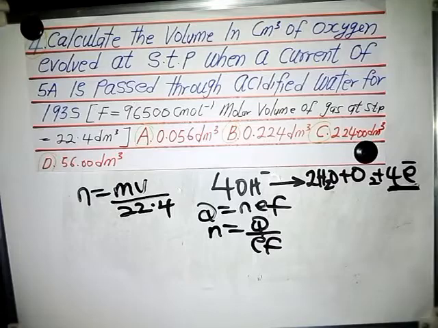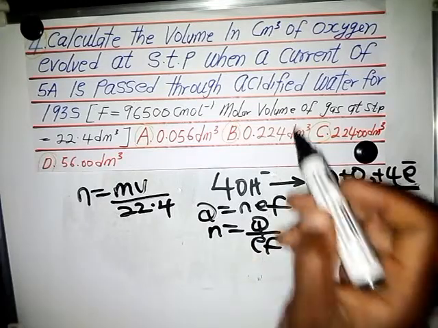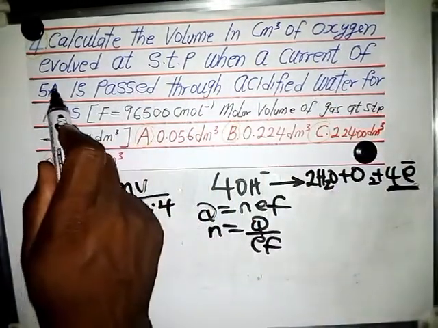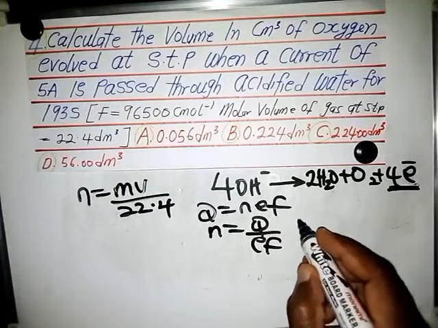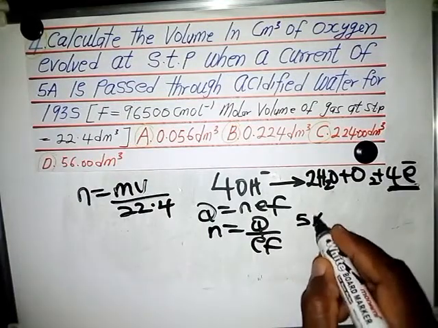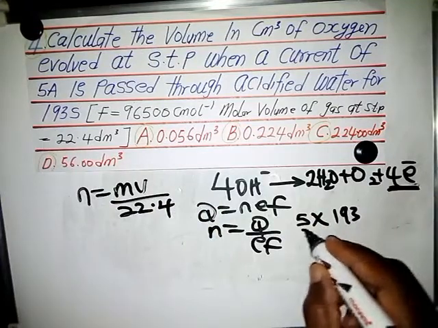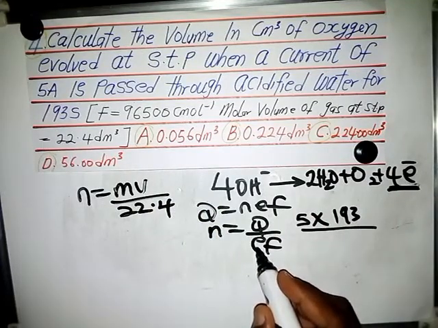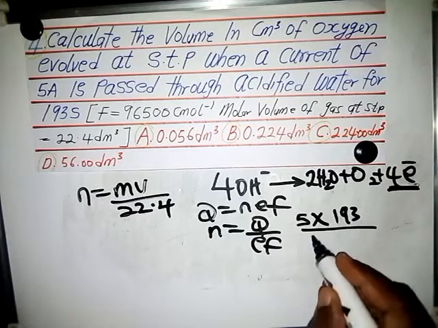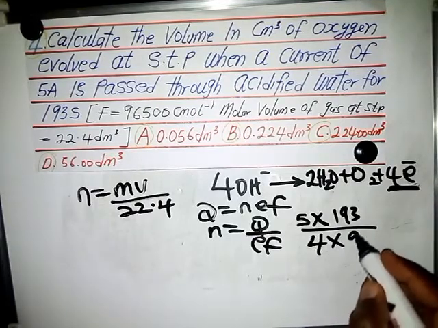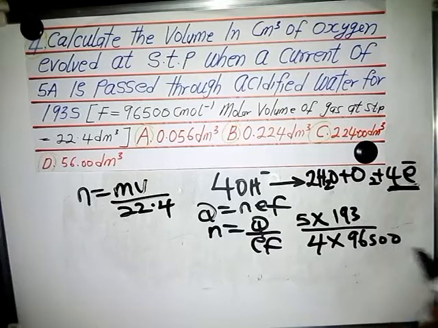I know that Q equals IT, current times time. That is 5 times 193, over E, the mole of electron transferred, 4, and 96500.